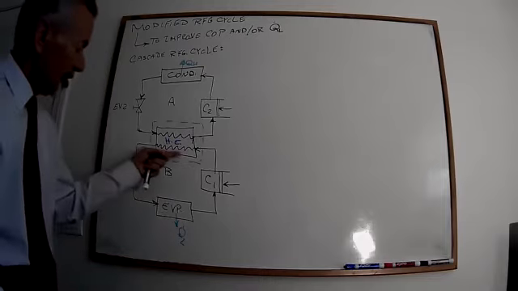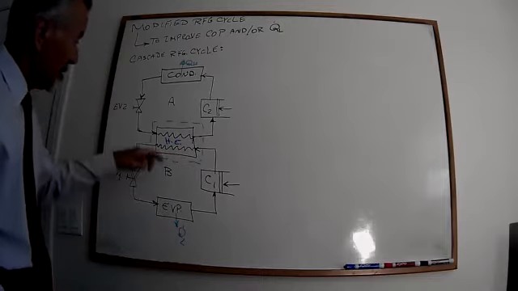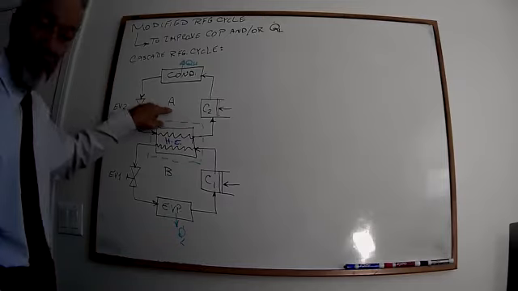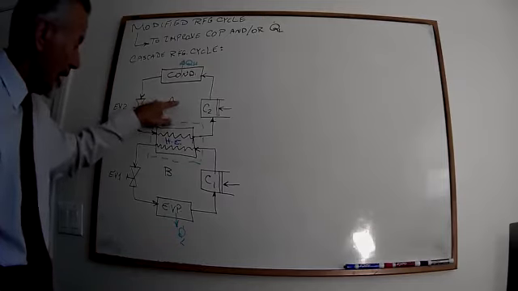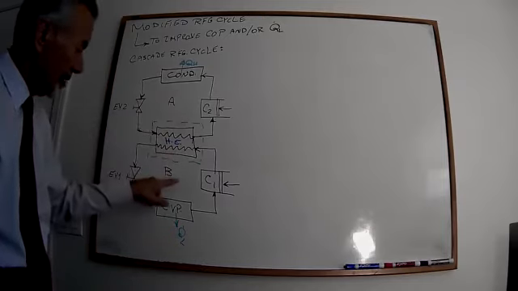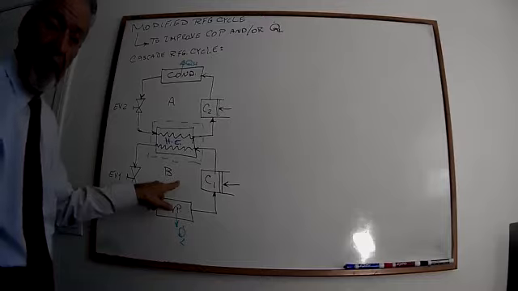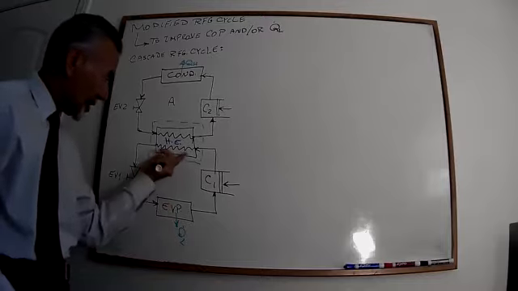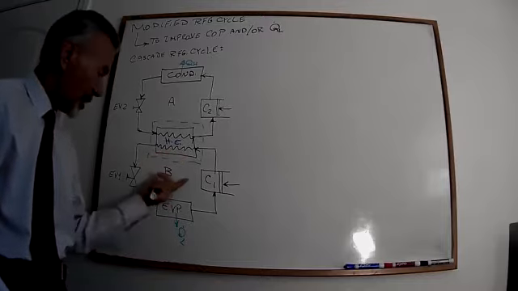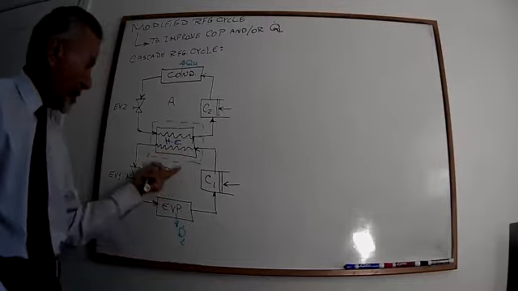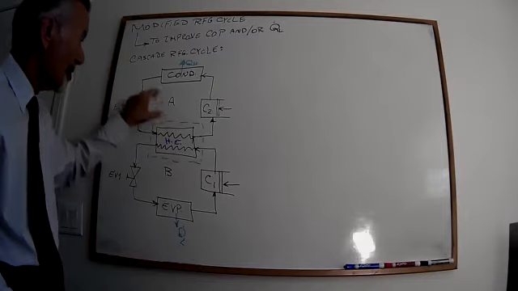So this heat exchanger plays the role of an evaporator for this cycle and a condenser for this cycle. Now, in the condenser, we have to remove the heat from cycle B. The way we remove that is with the QL from cycle A.